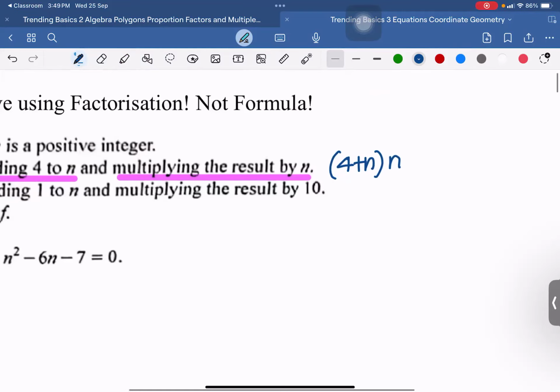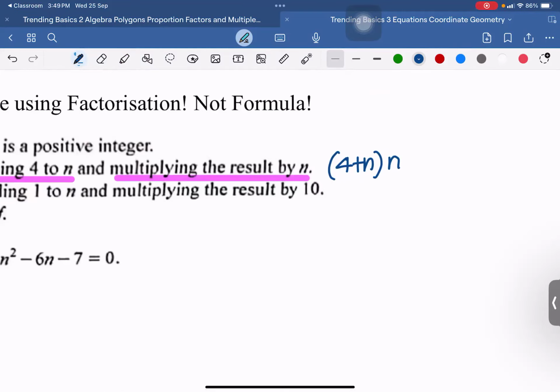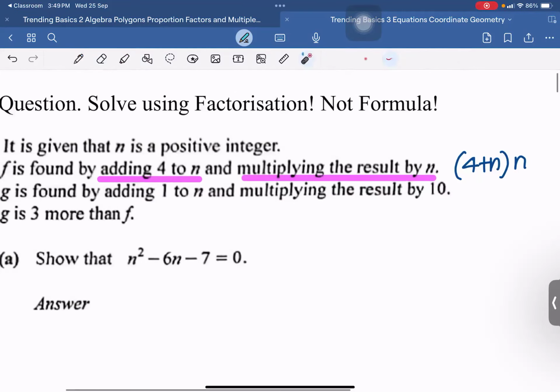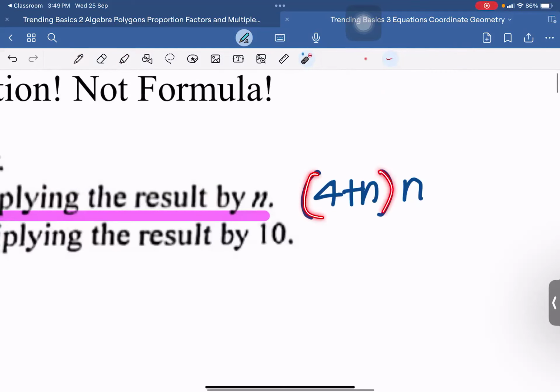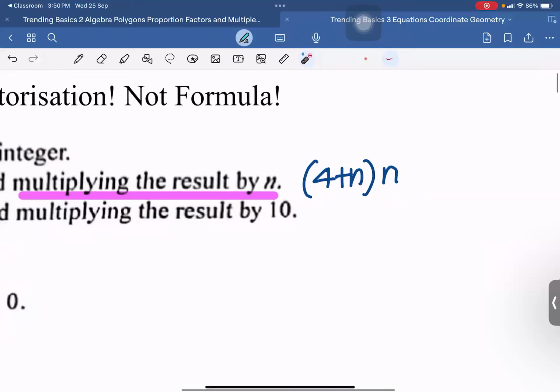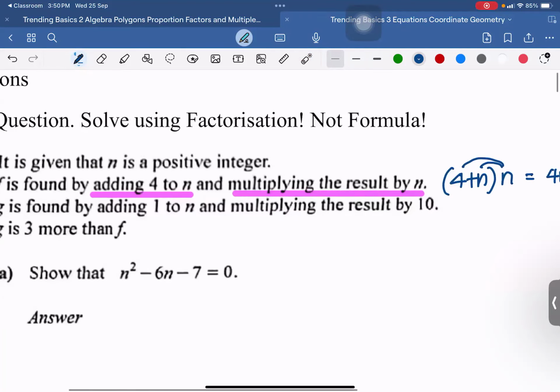Now, when you look at this, there are brackets here. What do you think logically I should do to it? Multiply, expand it inside. So this would be 4n plus n squared. Okay, so that's the first statement.